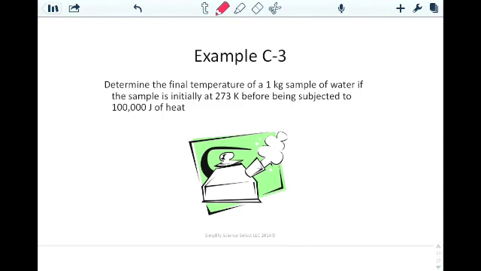And let's jump into C3. It says, determine the final temperature of a 1 kilogram sample of water if the sample is initially at 273 K before being subjected to 100,000 joules of heat.